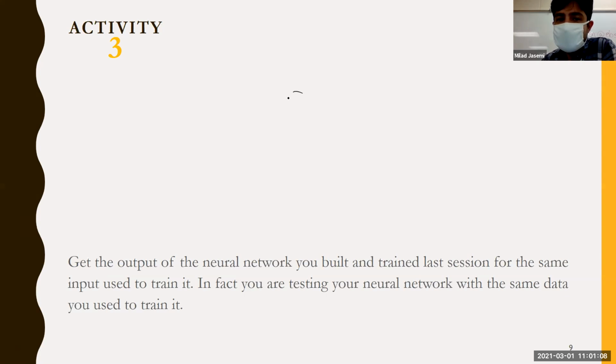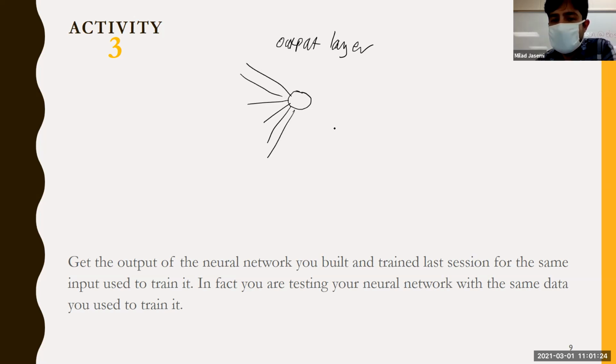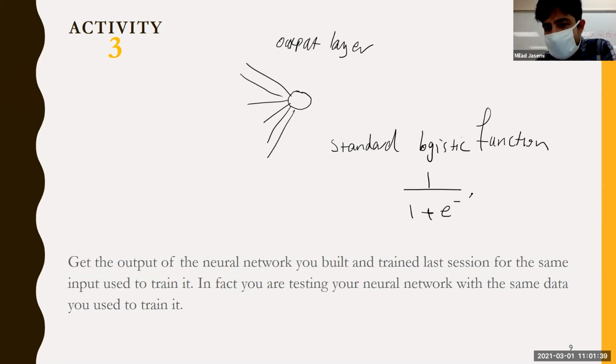the output layer, no matter what inputs are, because of the standard logistic function, all the outputs that come out of this would be in the range of 0 and 1.